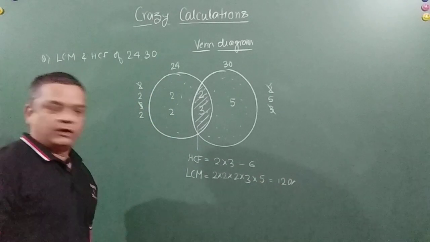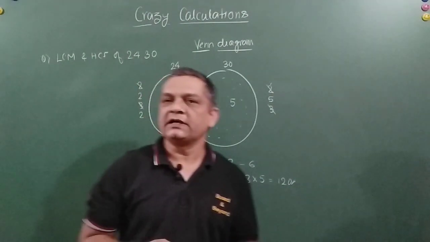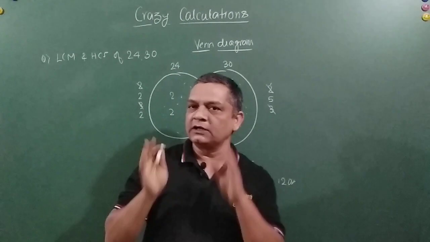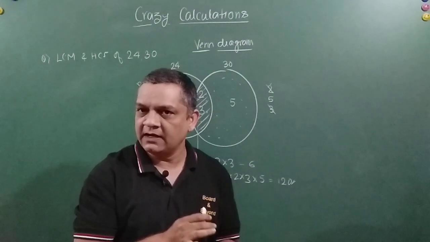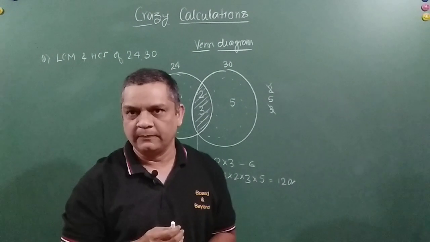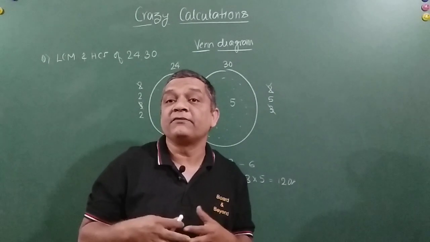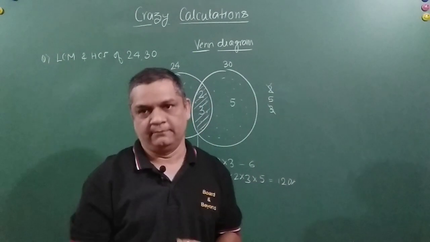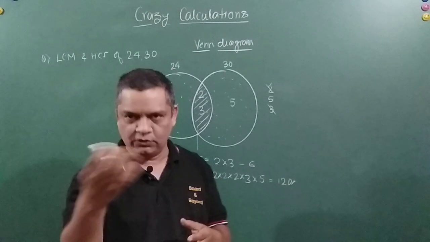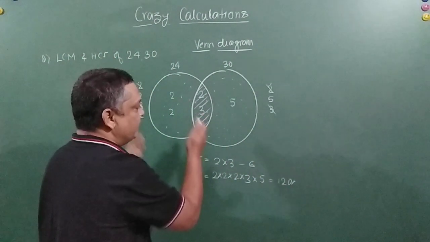Now friends, you see, there was a question which I solved in the last class saying that two numbers have an HCF of 15 and an LCM of 175. Is it possible? Then we said no, it is not possible because the HCF does not completely divide the LCM. If you remember, right? The concept actually comes from here.